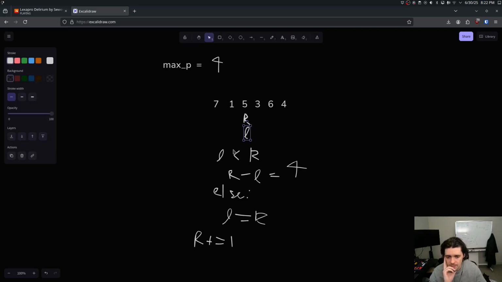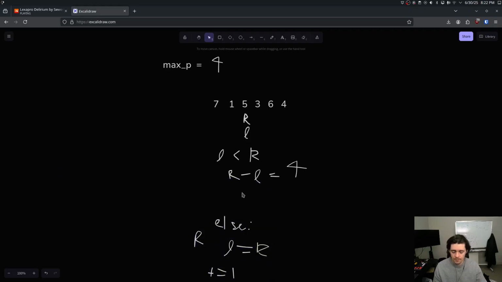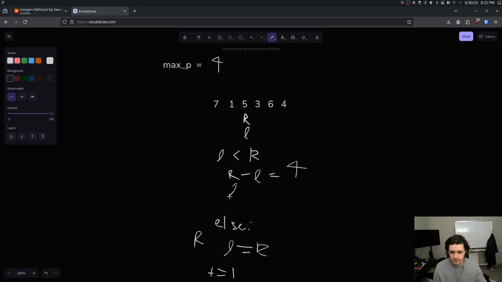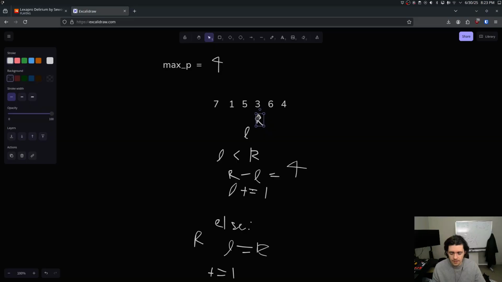So in this case, L is equal to that index, and then R would move.